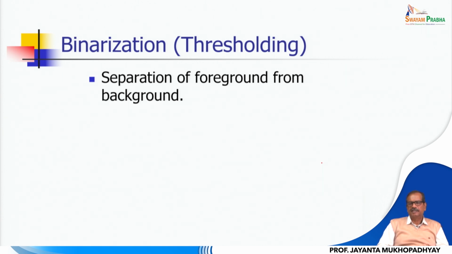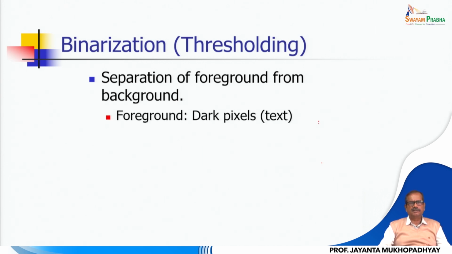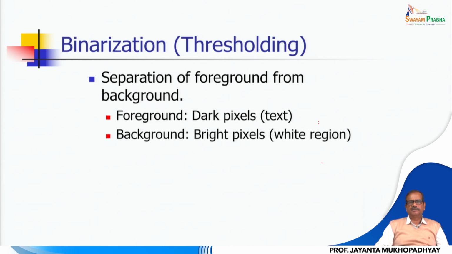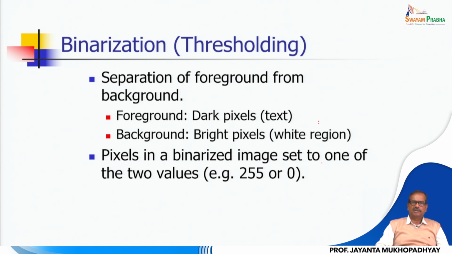If your value is less than that threshold, then you consider it belongs to one class, either foreground or background, and vice versa. The task, as I mentioned, is separation of foreground from background.